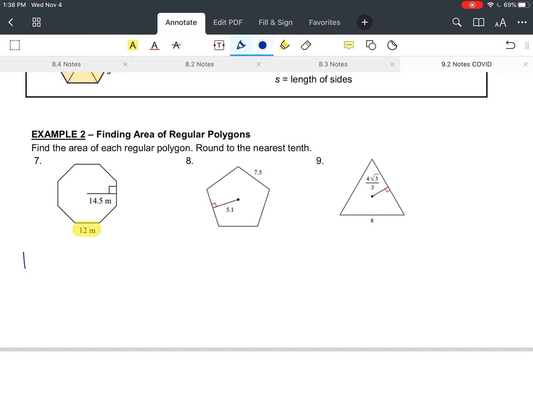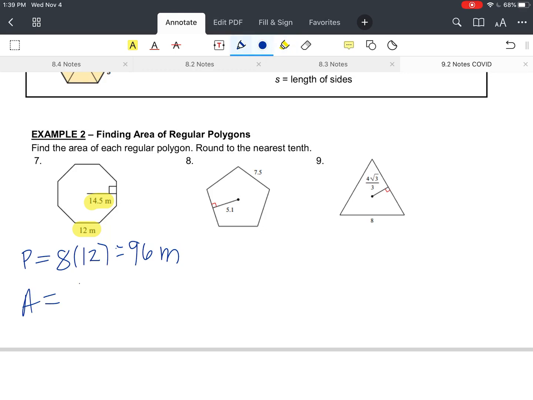So for example 2, to find the perimeter, I need to know a side length, which is 12, and how many sides there are. In this case, there are 8 sides, each with a side length of 12. So 8 times 12 will tell me my perimeter. 8 times 12 is 96, so my perimeter would be 96 meters.